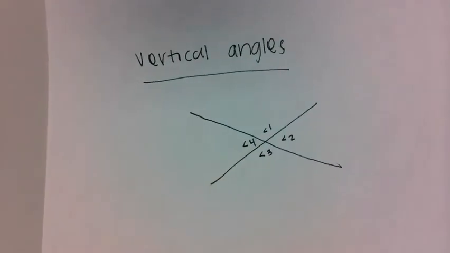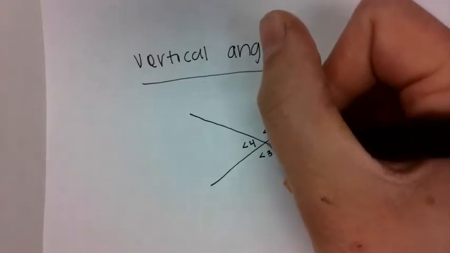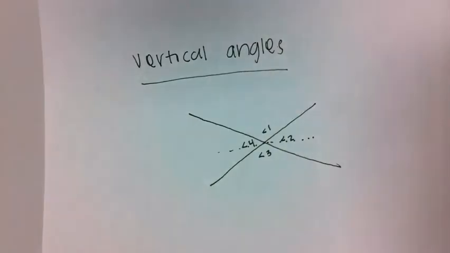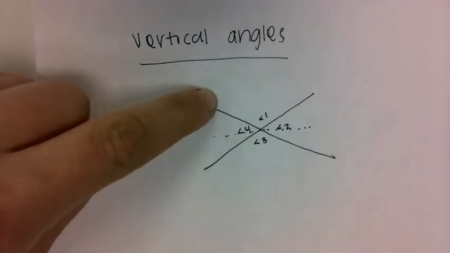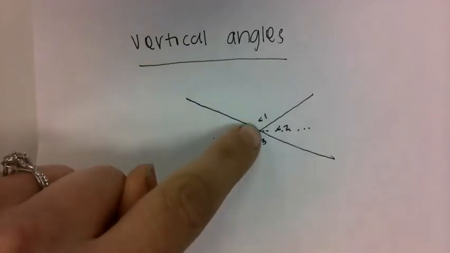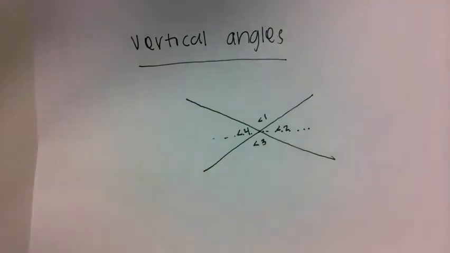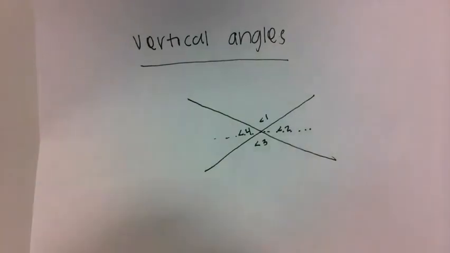Now what I want you to do is imagine if I were to take my piece of paper and fold it right here, so fold it right there, this angle 1 is going to line up perfectly with angle 3. Vertical angles have a lot to do with that line of symmetry and folding right on top of each other.